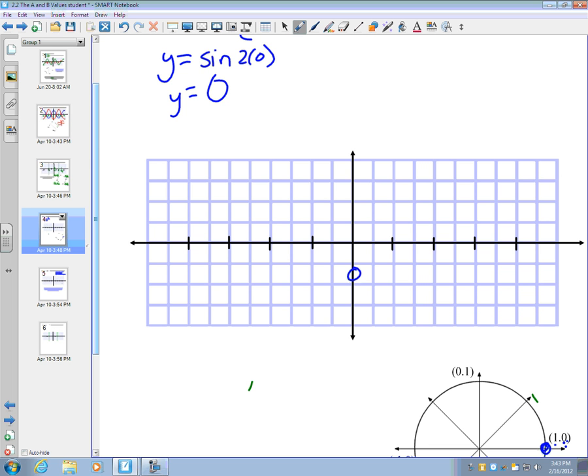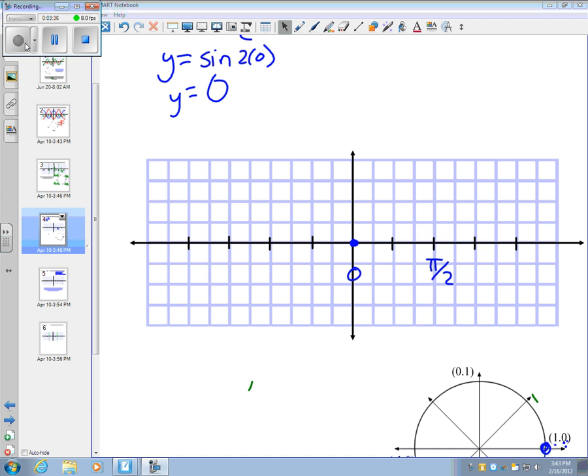So at this point, it's 0. Okay, next I'm going to try and do pi over 2. Actually, I'm going to pause and think for 1 second. Okay, I was doing that right.